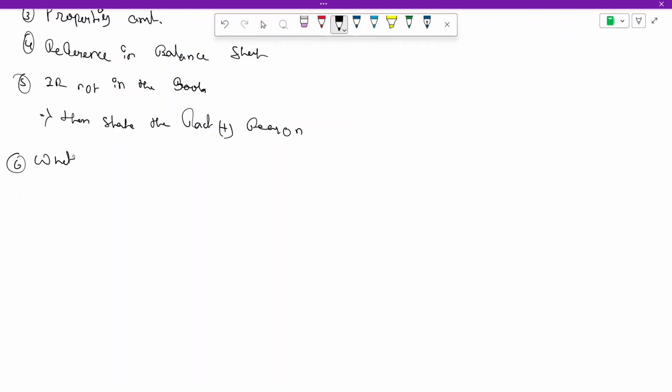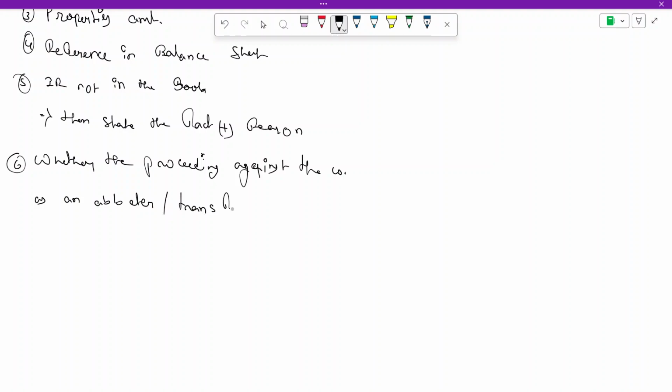Whether the proceeding is against the company as an abettor or transferor. Okay.